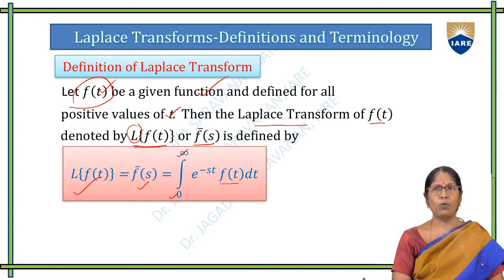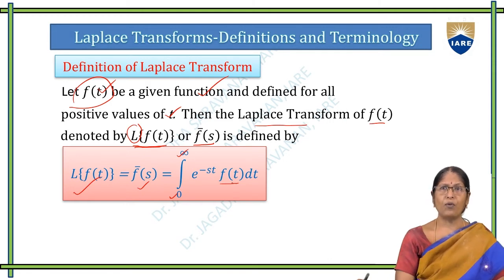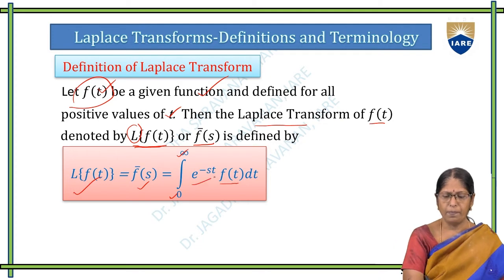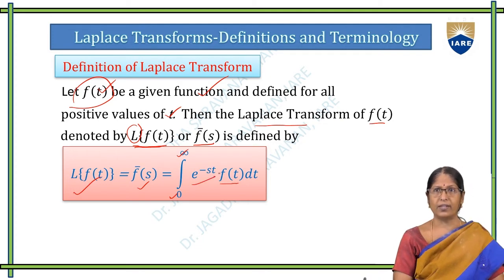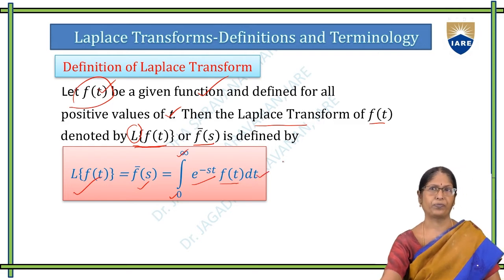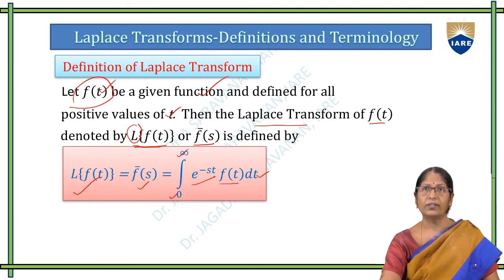If it is a problem, whatever function is given in this particular place, we will replace f of t by that given problem function. So f of t is multiplied by e power minus st, and we have to do the integration with respect to t. So, this is the Laplace transform formula.